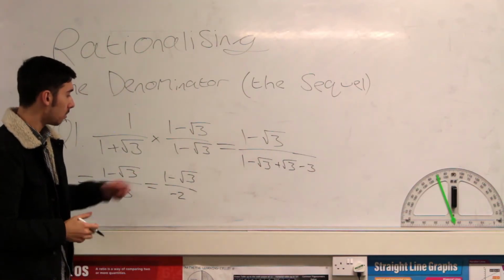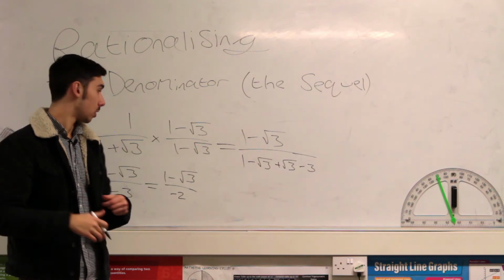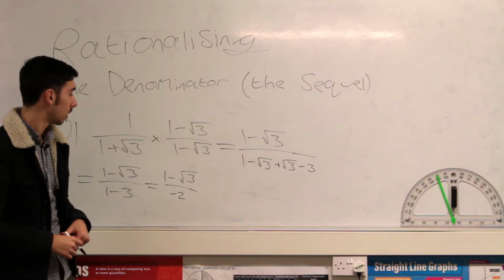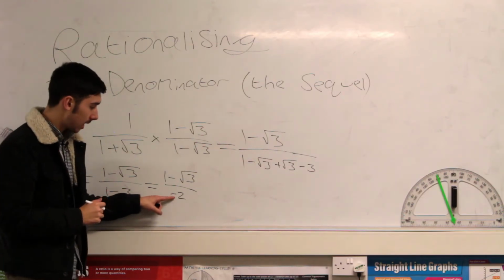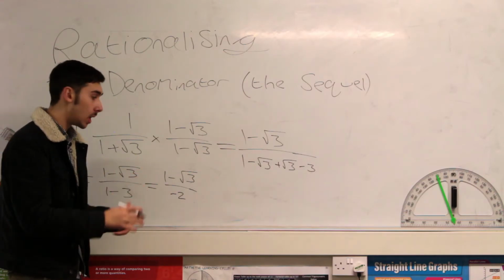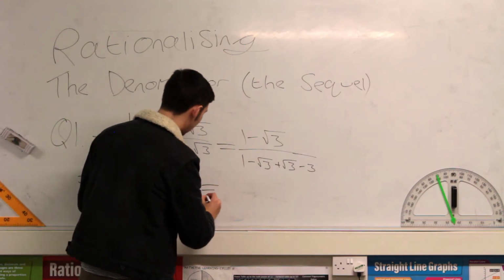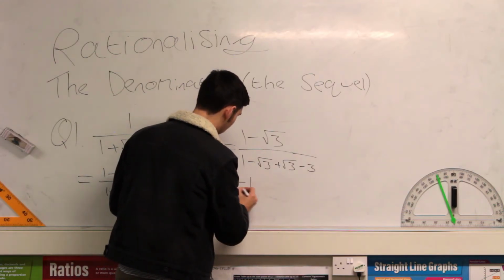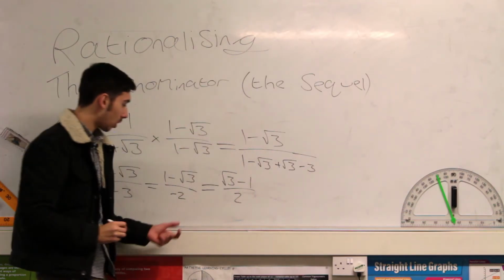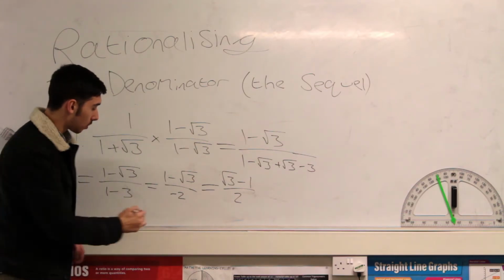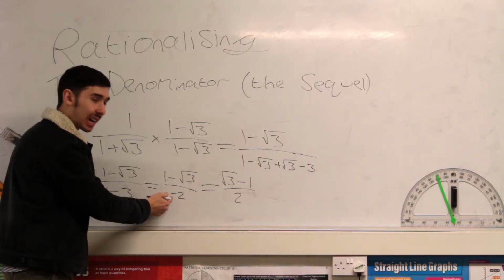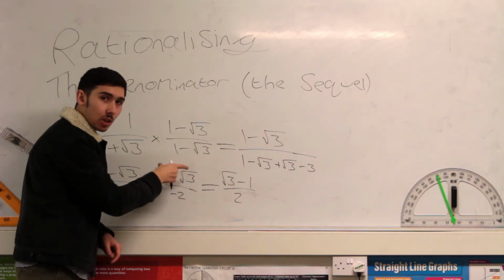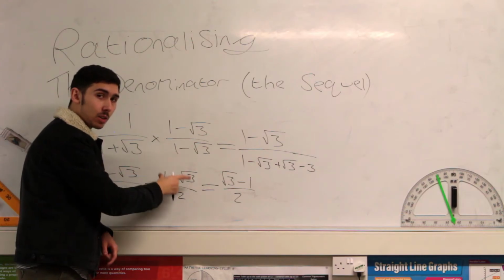So we've got 1 minus root 3 over minus 2 is equal to 1 over 1 plus root 3. If you want, you can take this negative and distribute it to the top, and write it without a negative denominator. So you can write root 3 minus 1 over 2. You can go from here to here by saying I'm going to have the negative at the top. That's allowed. So we're going to times the whole thing by minus 1.